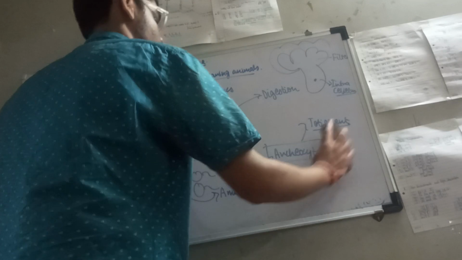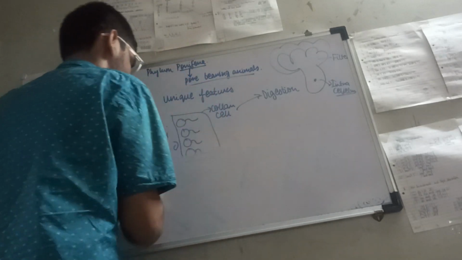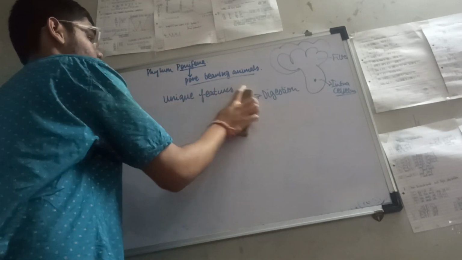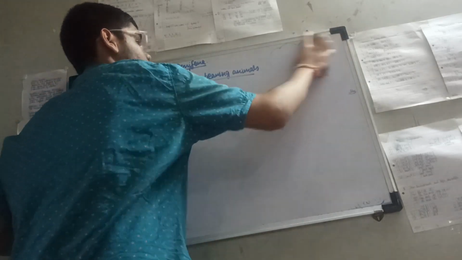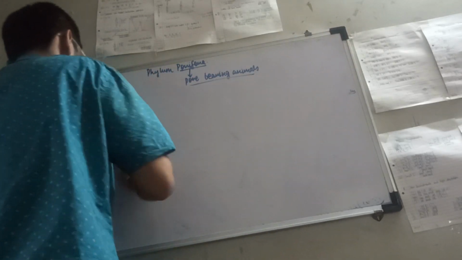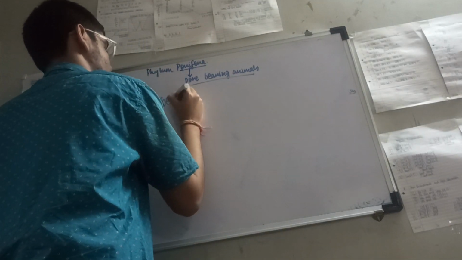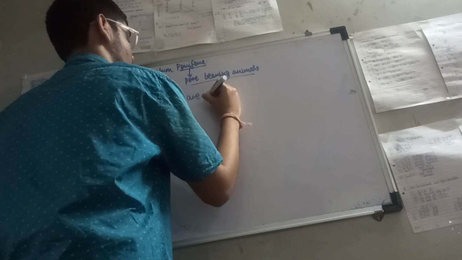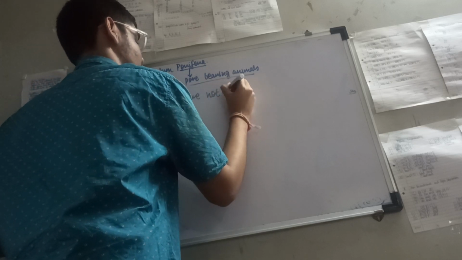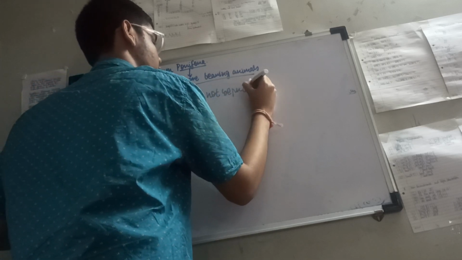Now let's look at the reproductive system of sponges. So they do not have any such reproductive system, but I will describe that the sexes are not separate. That is, they are hermaphrodite.